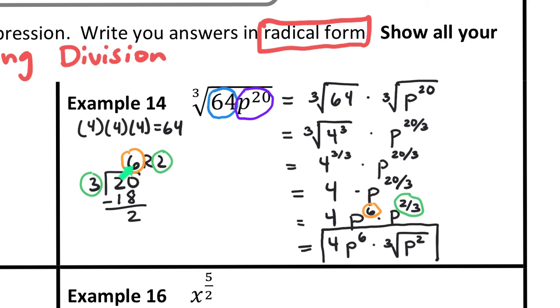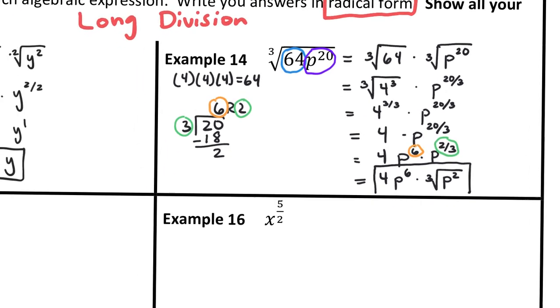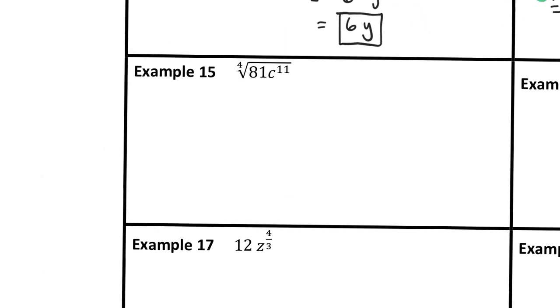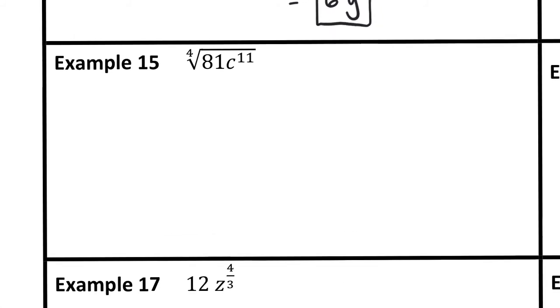Whatever we get as our whole number, that's what we're going to put p to the power of. And then we're going to put p to the power of the remainder divided by 3. Okay, so let's jump over to example 15. You can try it again.